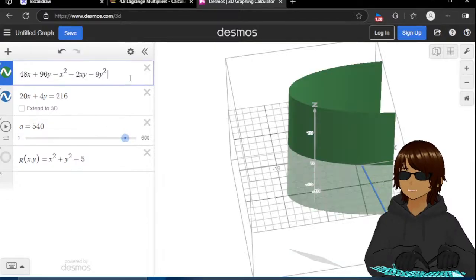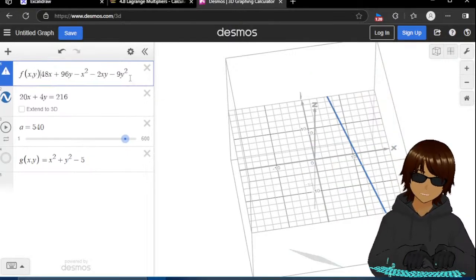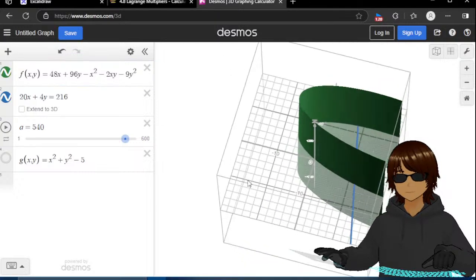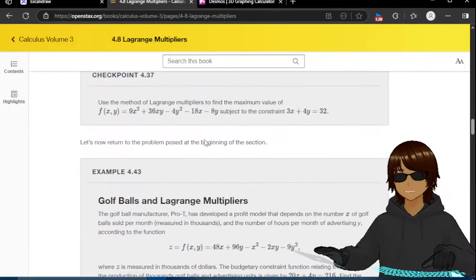But I don't understand. Isn't this graph x, y? Okay, let's just keep going.